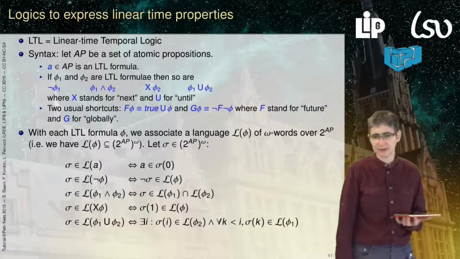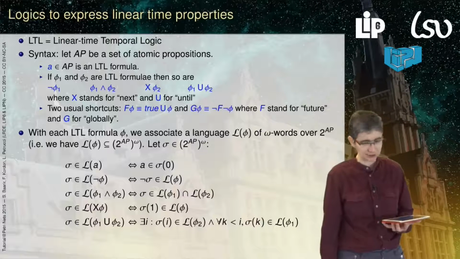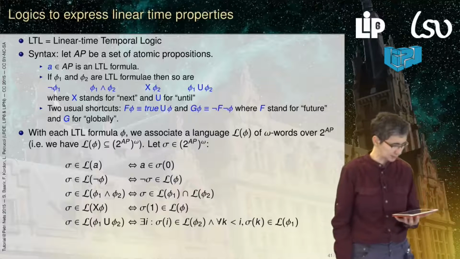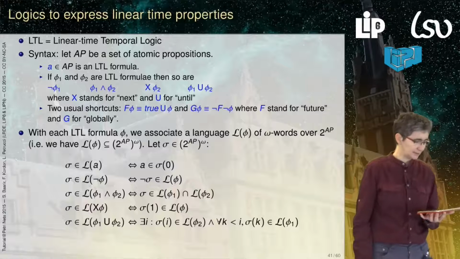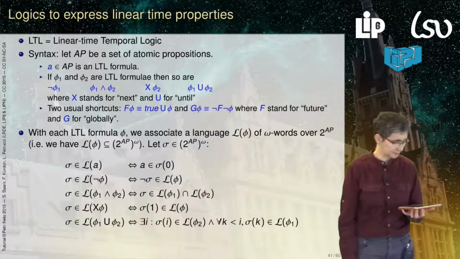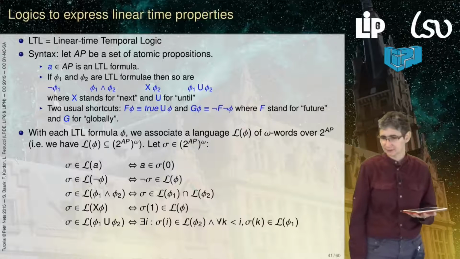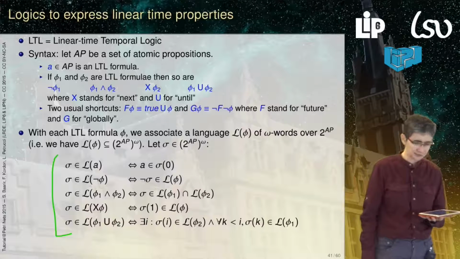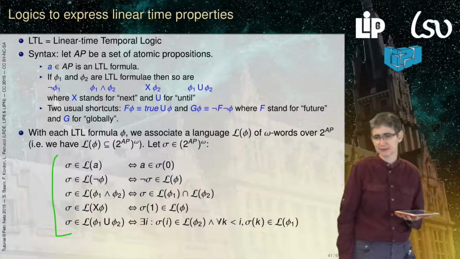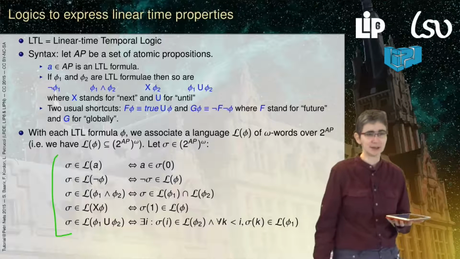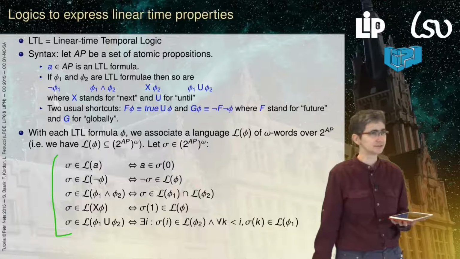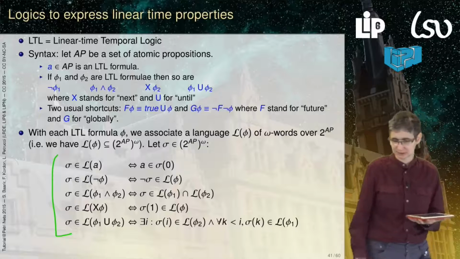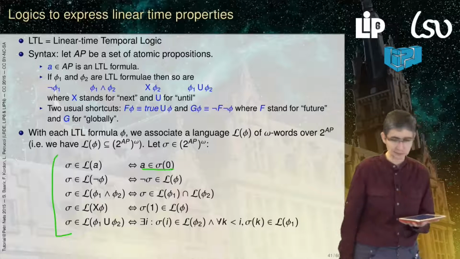With each LTL formula can be associated a language, and a sequence of execution sigma is in the language of a formula phi if and only if you have the following things for the basic constructs. Sequence sigma is in the language of formula A, where A is an atomic proposition, only if A is satisfied in the first element of this sequence, written as A in sigma of 0.